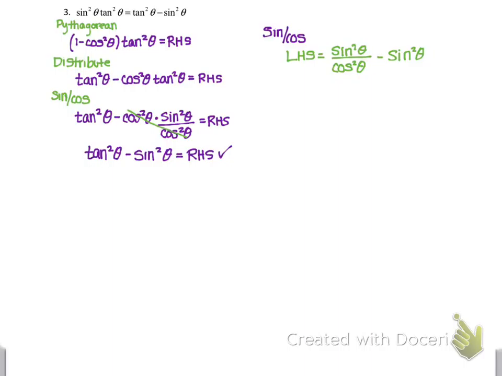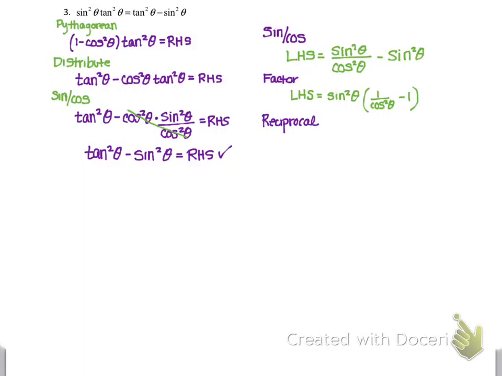And then what I'm going to do is I'm actually going to factor. I'm going to factor out that sine squared. And when I do this, it's going to allow me to go from an addition problem to a multiplication problem. So you're left with 1 over cosine squared theta minus 1.